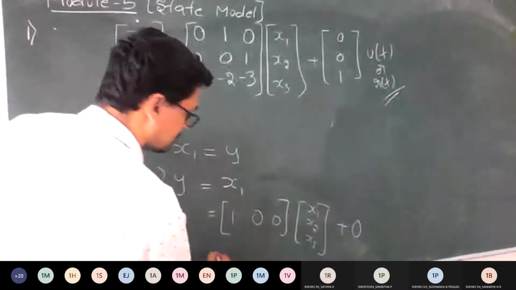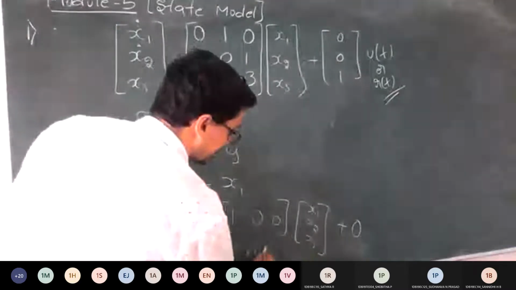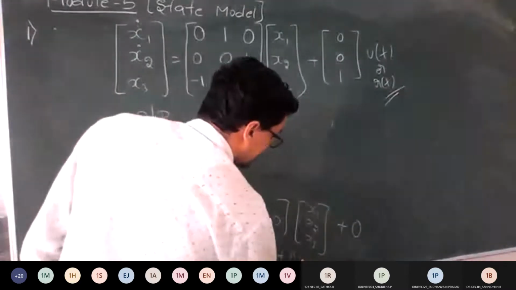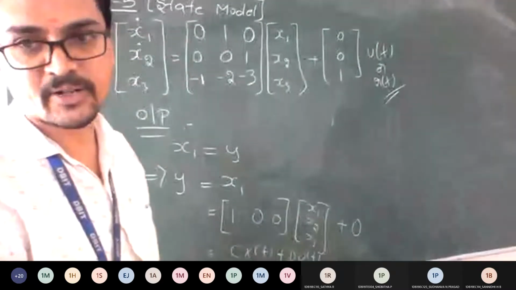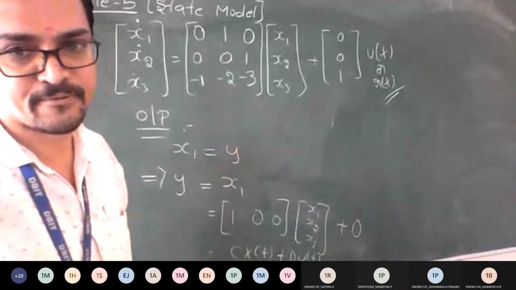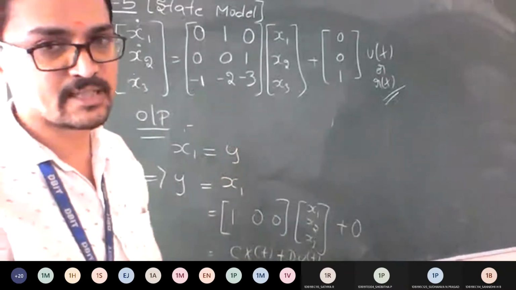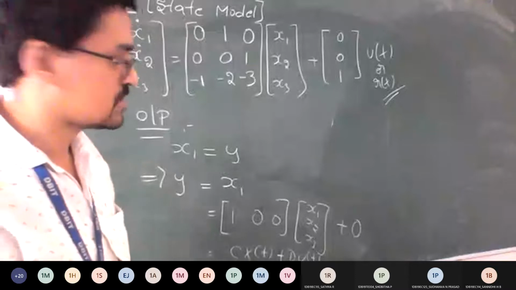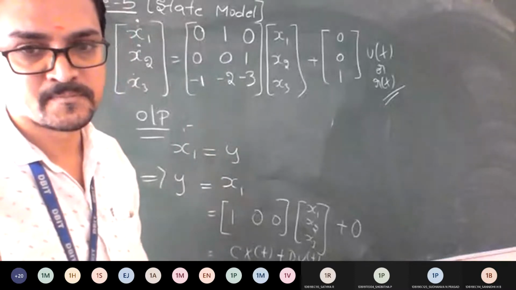C into x of t plus D into u of t. I hope everyone got the logic, the way to solve such a problem if your question is given in terms of a difference equation. Is it okay till here? Yes.